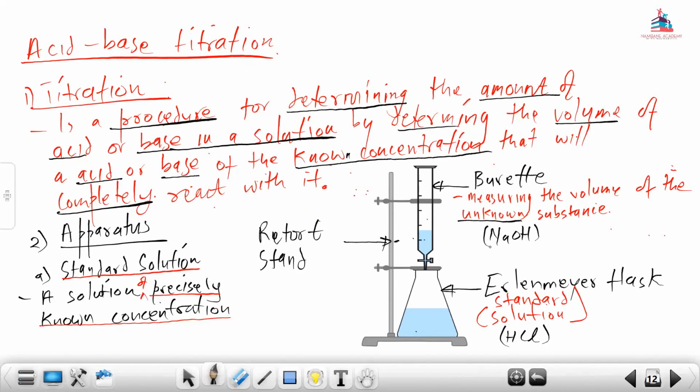That is the reason why I said, even if the examiner asks you which one will be a standard solution or which apparatus consists of a standard solution, we are in a position of doing that exactly. So let me remove this and go back to the question.